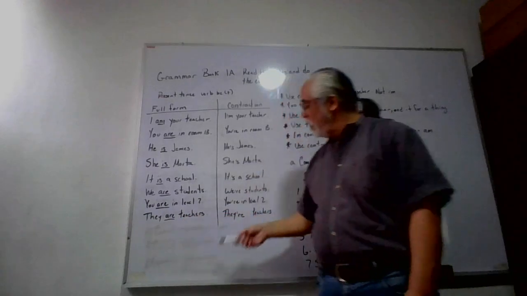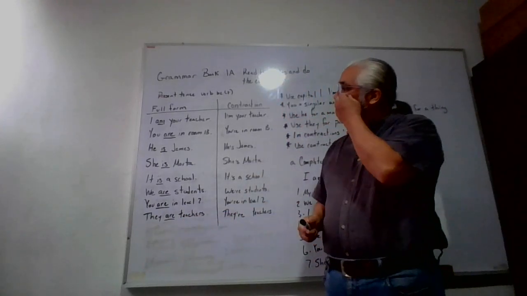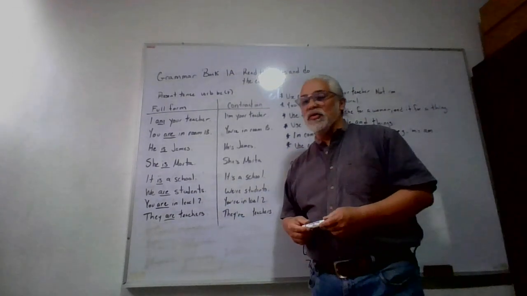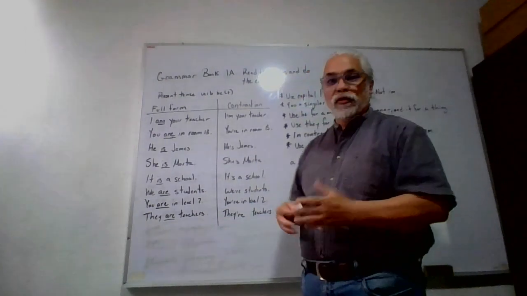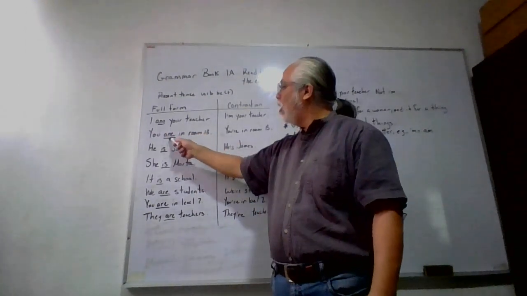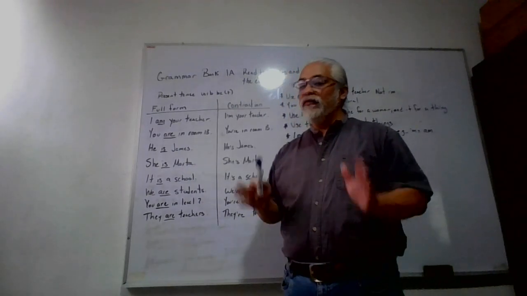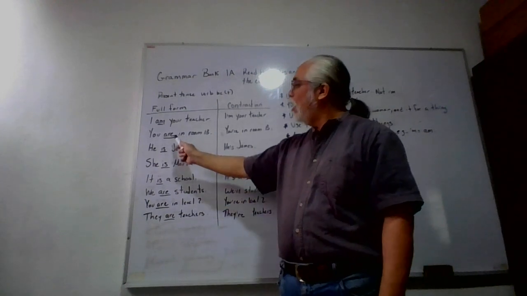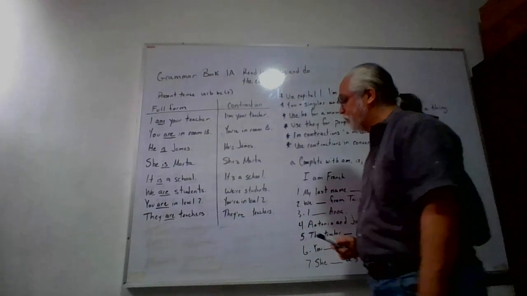They are, they're. Okay? Pay attention to the pronunciation and the different ways that it's pronounced. You will be using these. And as you can tell, verb to be: am, are, is. You have three things to learn in this grammar. Am, are, and is. All you have to do is remember that.